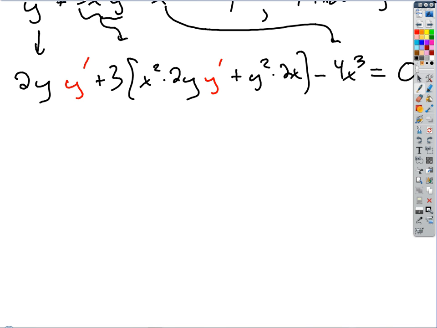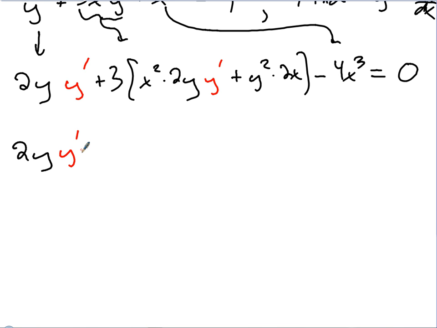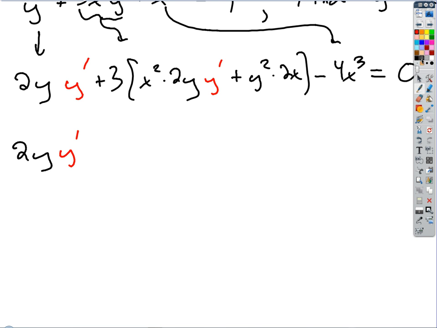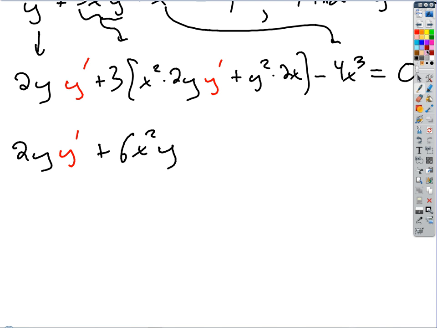So we've got a 2y prime plus 6x squared y prime. Everybody see that if I distribute the 3? 6x squared y prime.